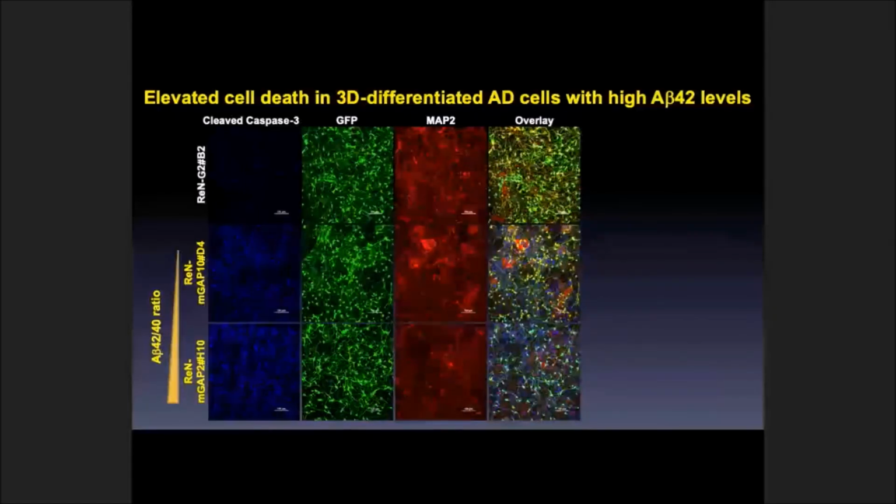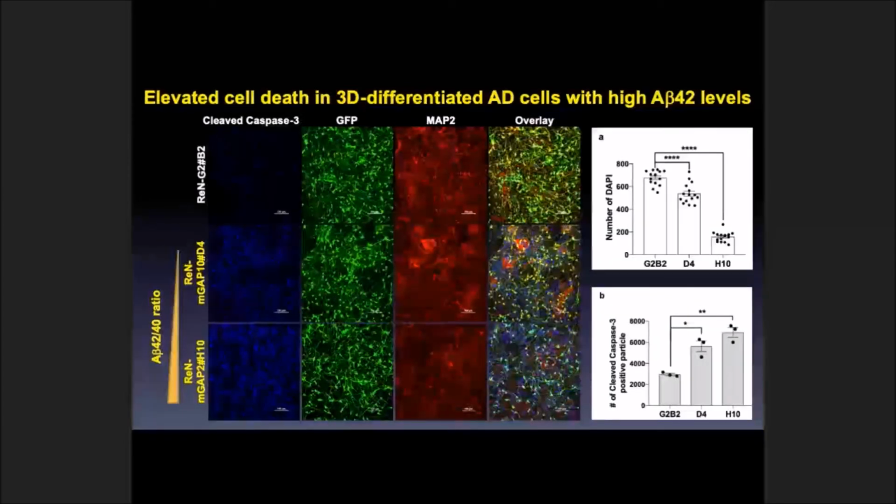You can also see the MAP2 staining in the control, and there is a robust decrease of the dendritic network. In quantitation, there is a real decrease in the number of cells in these AD cell lines as compared to the control. And caspase activation, as expected, is increased significantly.